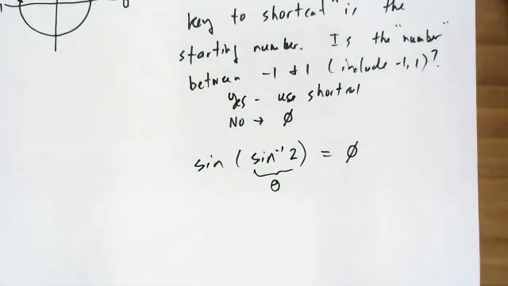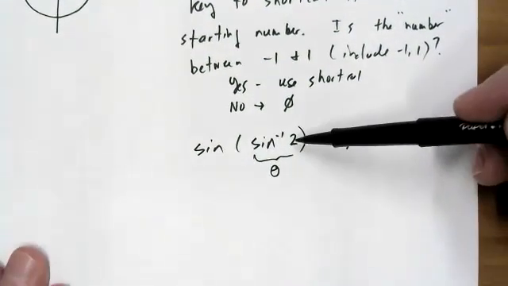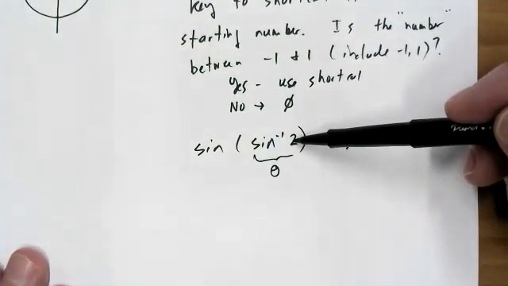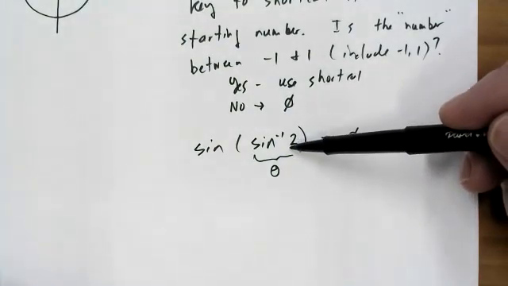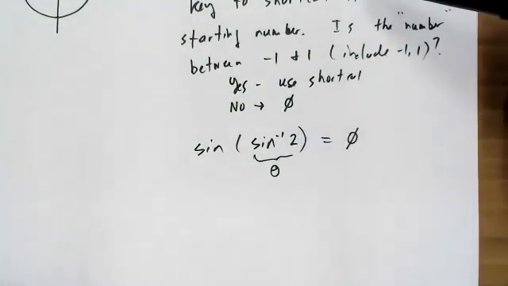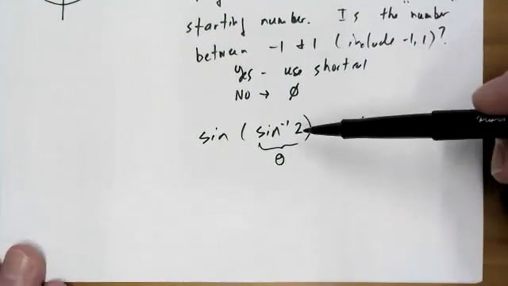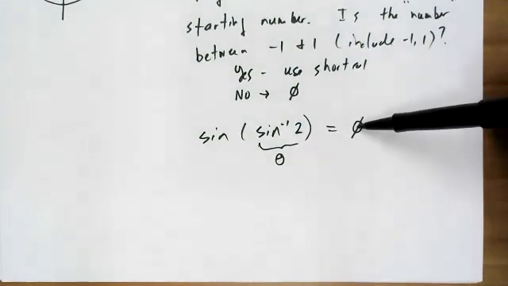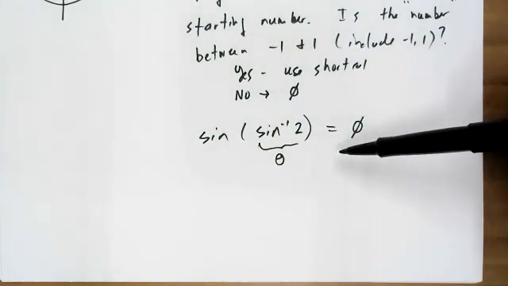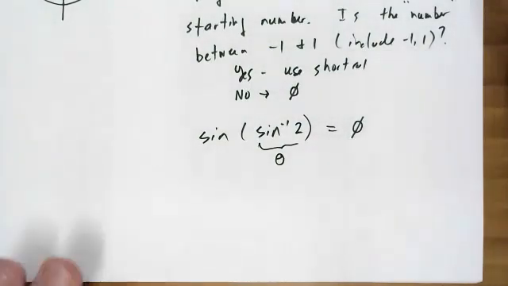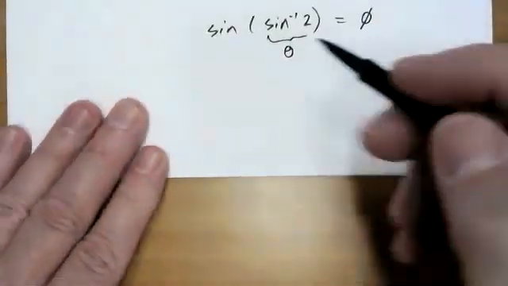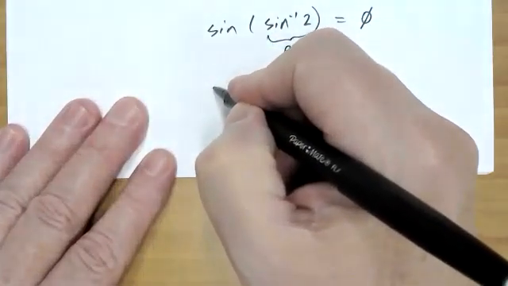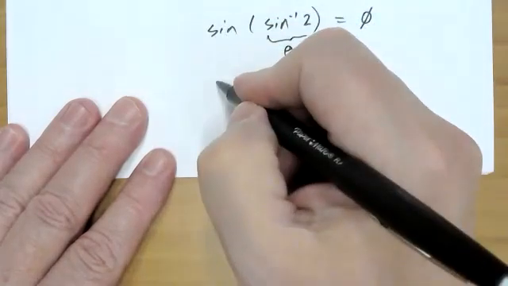So it's actually very simple. With these kinds of problems, you simply look at the number. If the number is from -1 to 1, then you simply use the shortcut. If the number is not between -1 and 1, then it's undefined. So now let's do a couple more problems where these aren't even special angles.